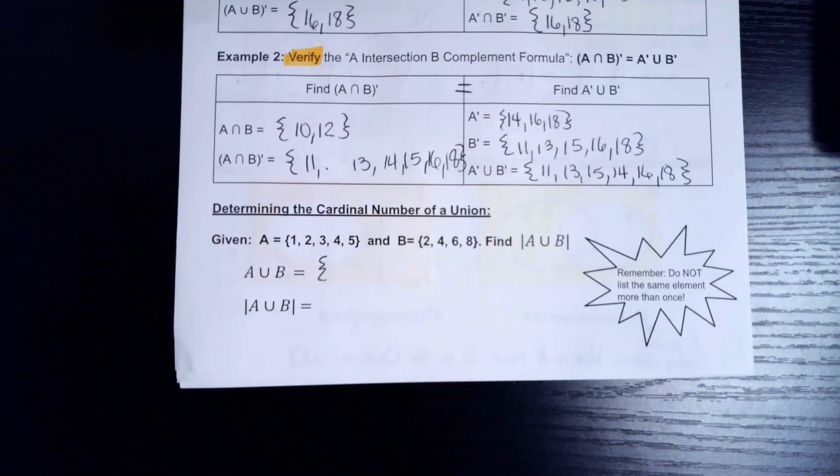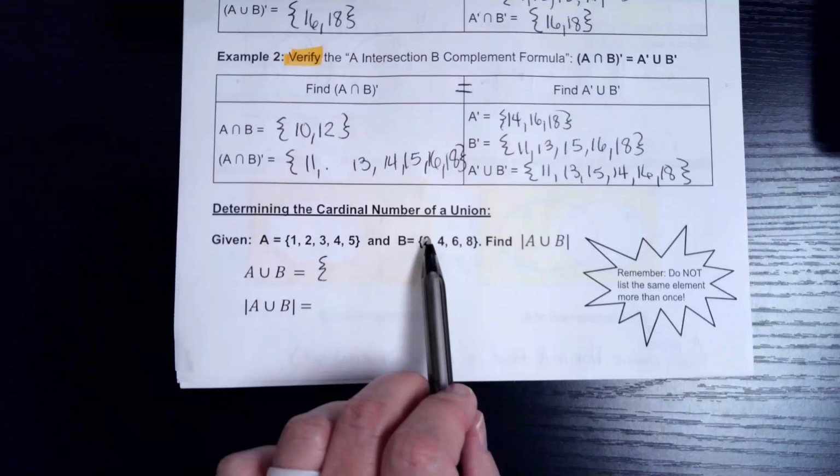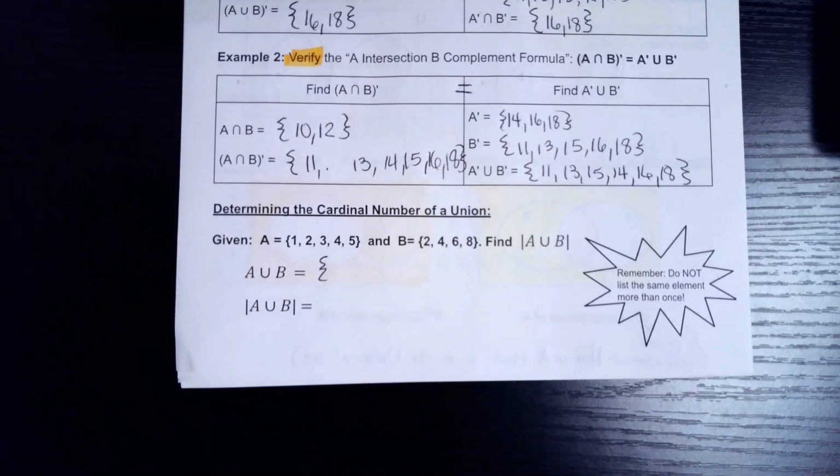I would go with the word everything. Union is everything. Intersection, what's the word that should pop in your head? Common. So, if I'm creating A union B, I need everything. But what if they have stuff in common? Don't write it twice, correct?